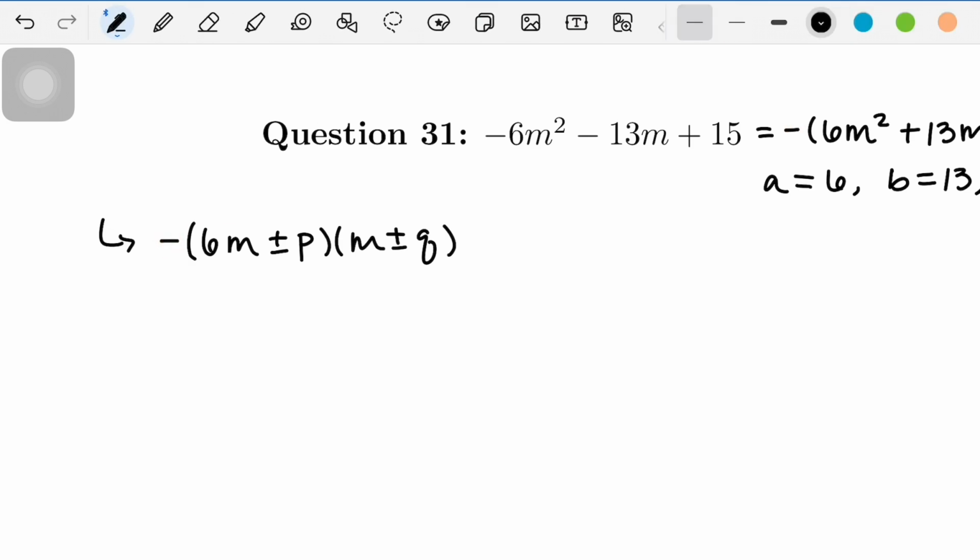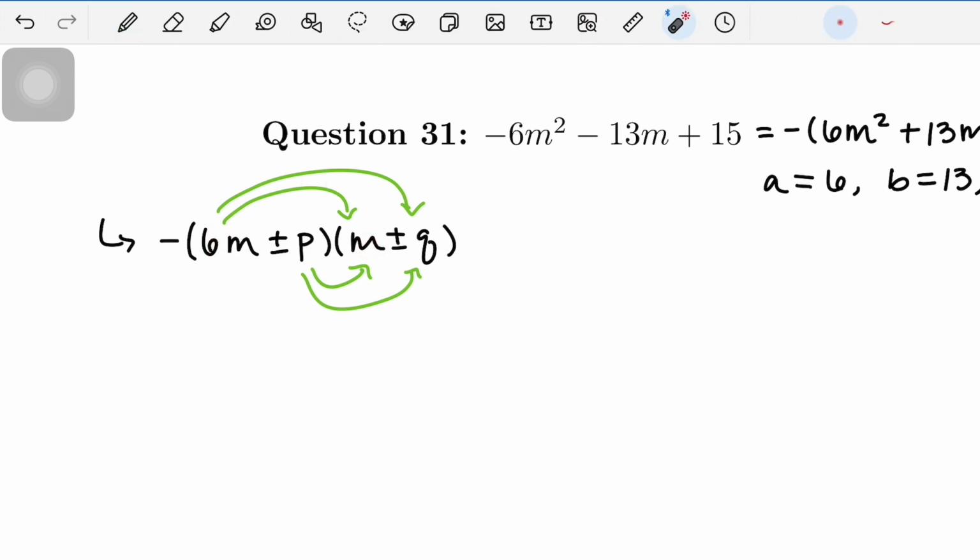When we FOIL this out, multiplying all of these terms, we're going to get a 6m squared, which is exactly what we were looking for, but the 6m is also going to multiply this q, and p is going to multiply this m, so we're not exactly sure what's going to happen when we add these p and q values yet.